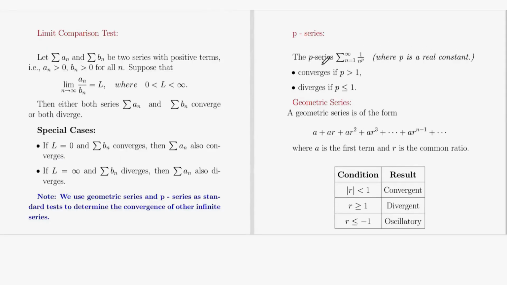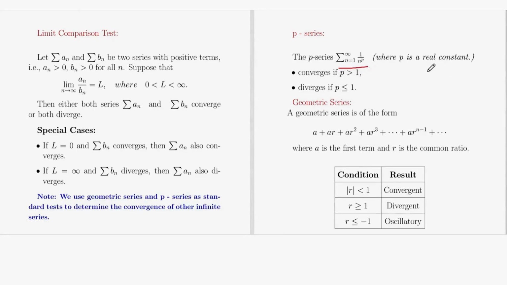P series. The P series is 1 upon n raised to p, where p is a real constant. This series converges if p is greater than 1 and diverges if p is less than or equal to 1. So here, this is a form of P series, summation of n is 1 to infinity 1 upon n raised to p. Now what is P?